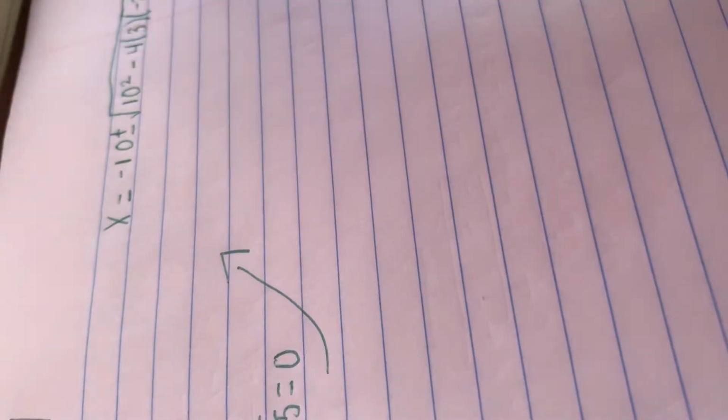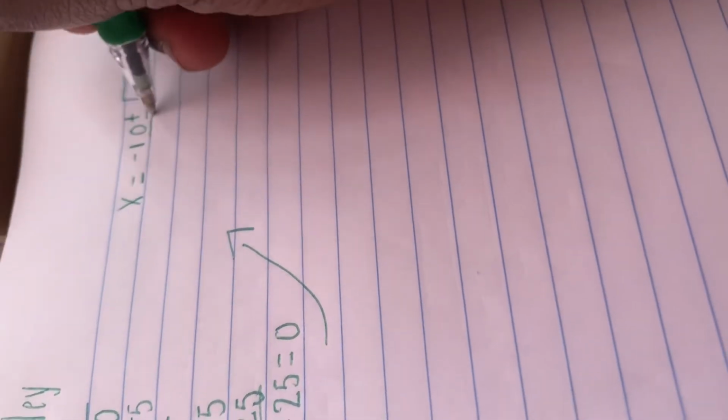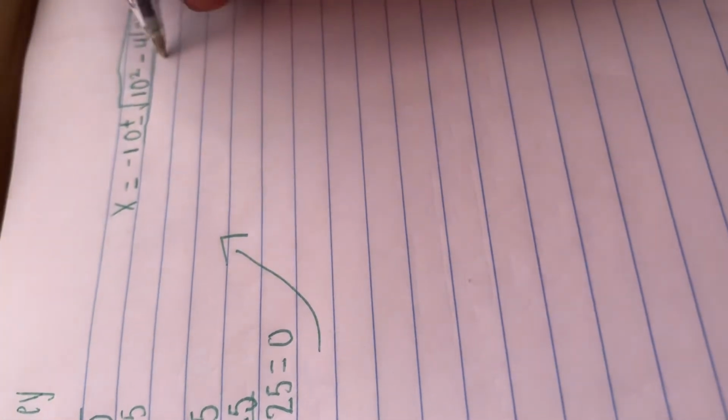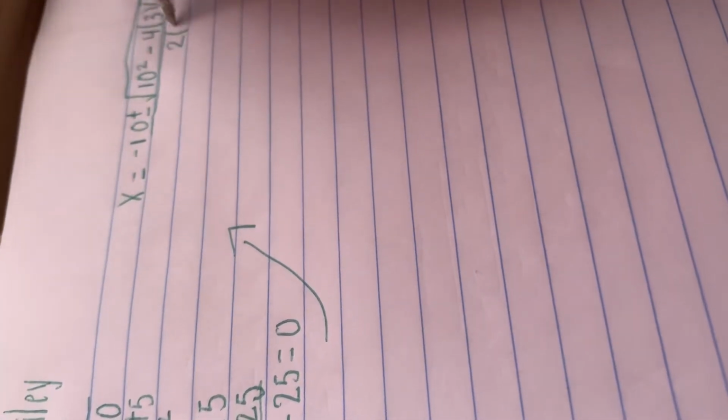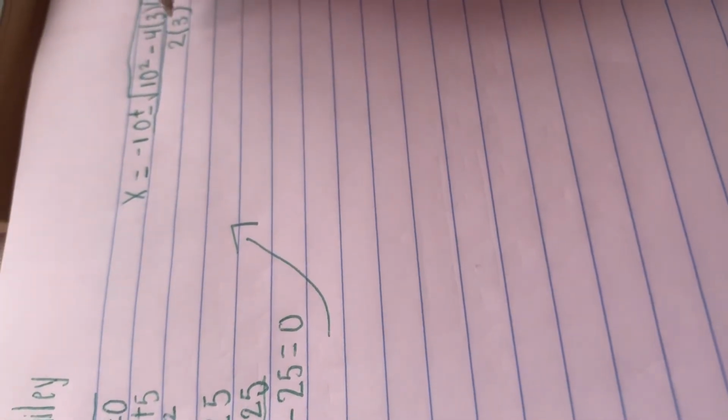Then we're going to do 10 squared minus 4 right here, and then negative 25. So we're doing over here, and then now divided by 2 times 3.